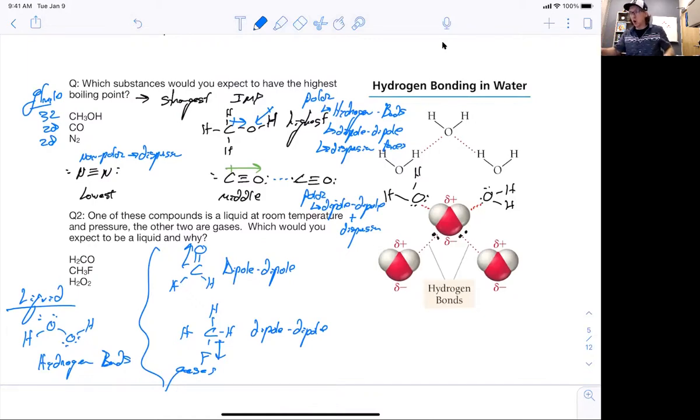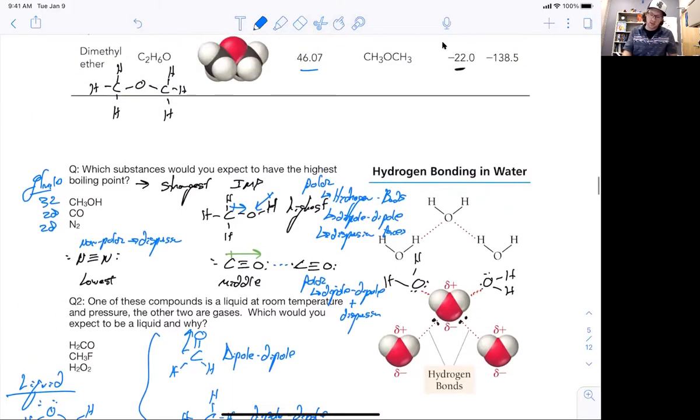If it's got an OH, an NH, or an FH bond in it, when they say OH, NH, and FH, this is kind of misleading because the only molecule that can have an FH is HF, right? You can't have other bonds on F, it's always terminal. You can't have other bonds on H, it's always terminal.